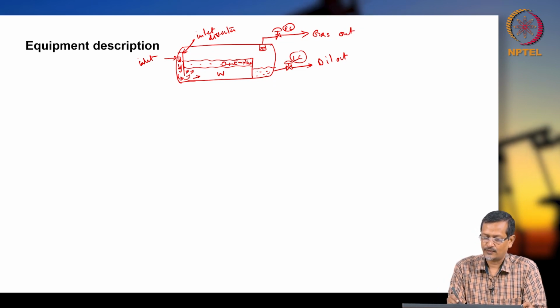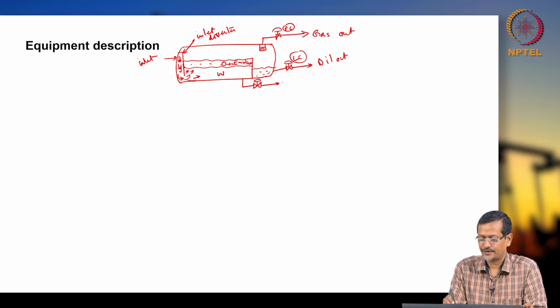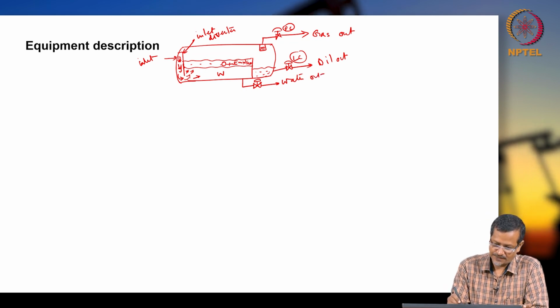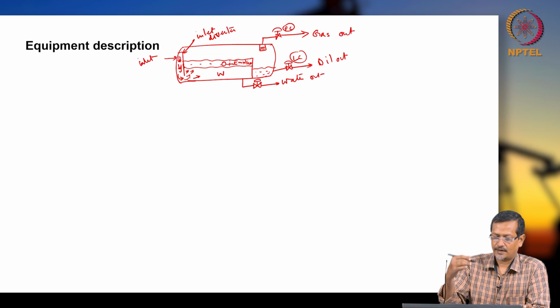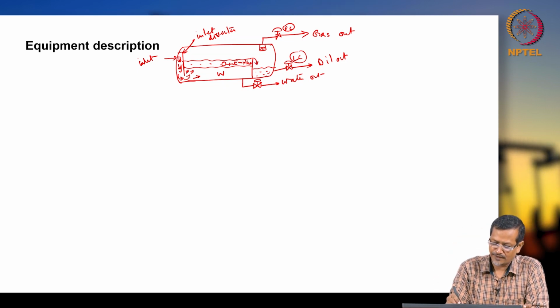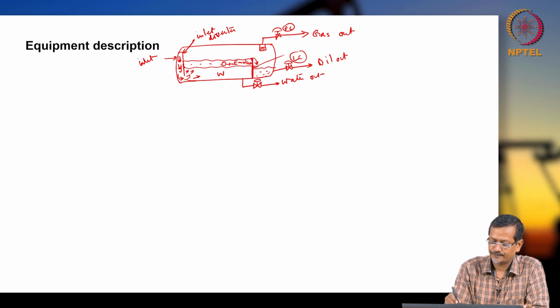Gas out, oil out, and water, how will you take water? Through another level controller: water out. When the oil and emulsion layer level goes up, it will overflow and fall here. This vertical one is called the weir.